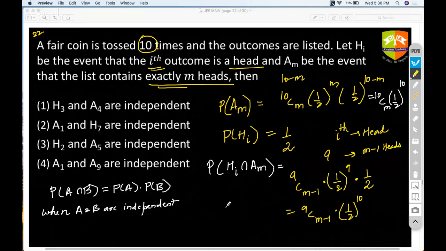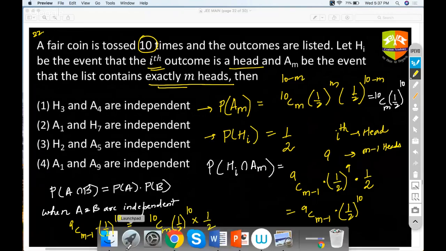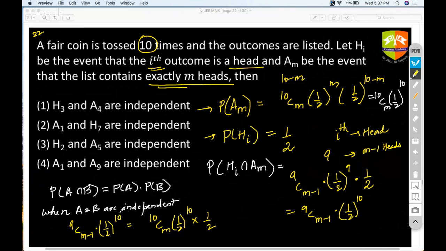If you want this to be independent, that means this expression, that is 9cm minus 1 into half to the power 10, should be the product of this and this separately. So 10cm half to the power of 10 into half. So I think we can cancel off this term from both the sides. So 9c, let me make some space.